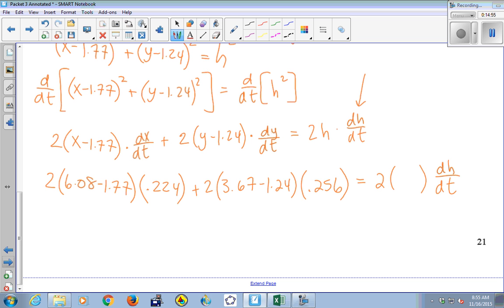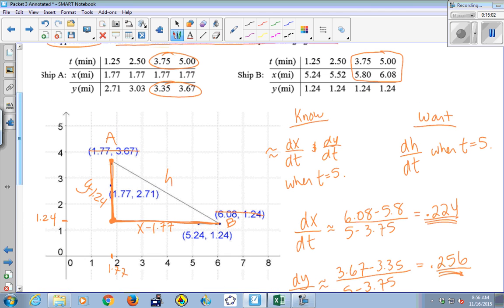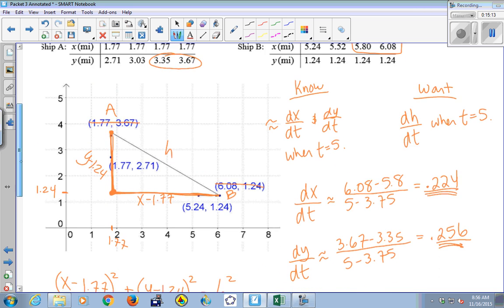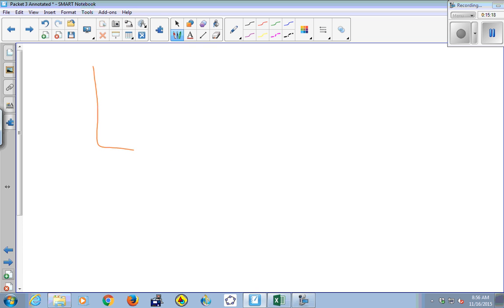So h, when t equals 5. So h is the hypotenuse of this triangle, right? I know what x and y are. I'll just use the Pythagorean theorem. Yeah. So x was 6.08 and y was 3.67. So I'll maybe draw a snapshot on another piece of paper. This is x. And this was y minus 1.24.